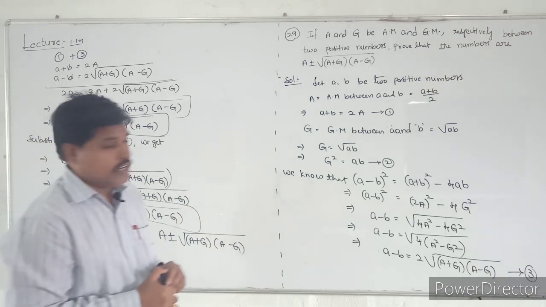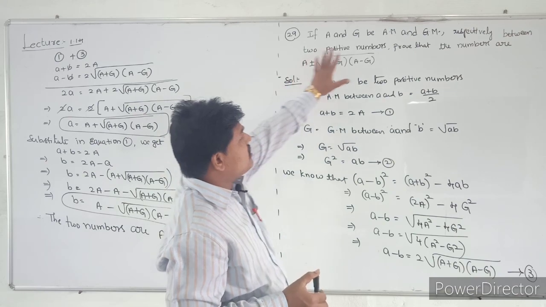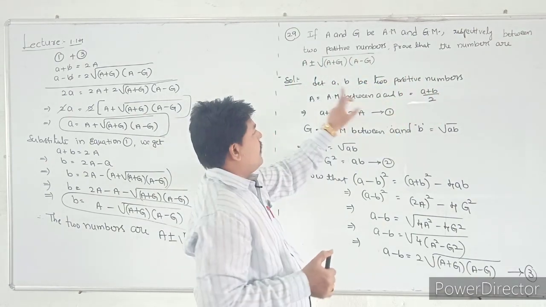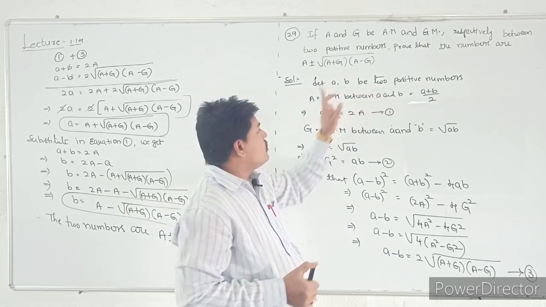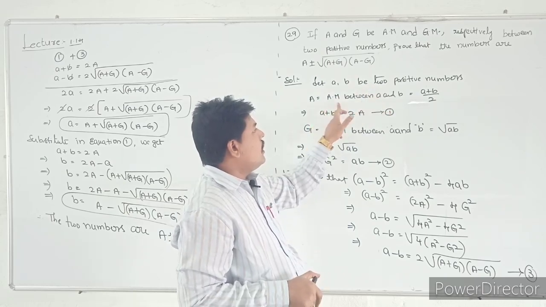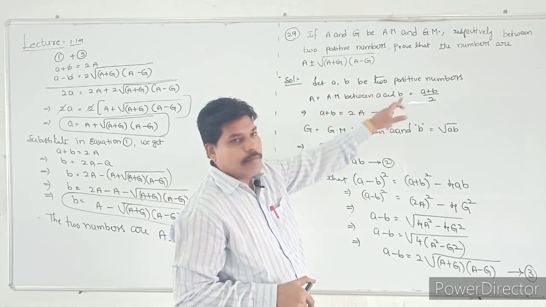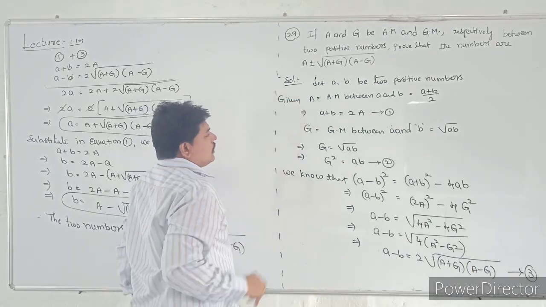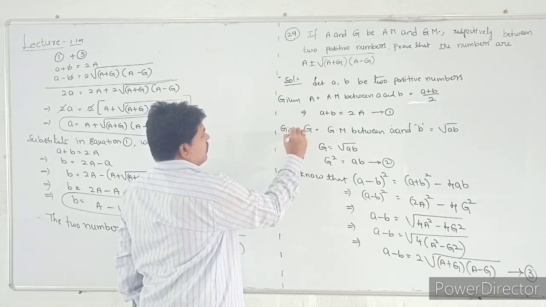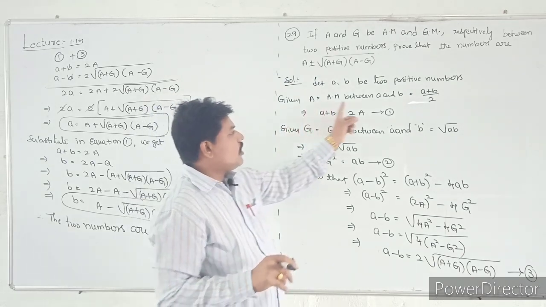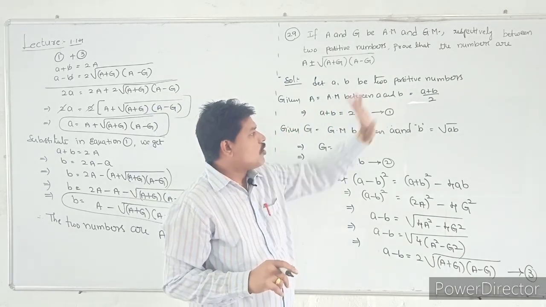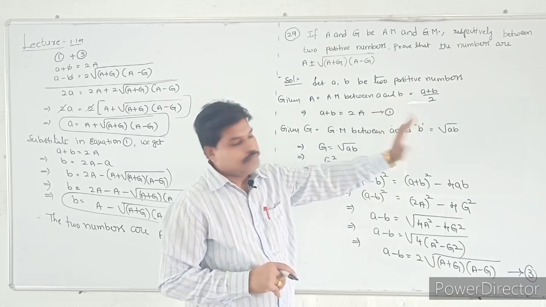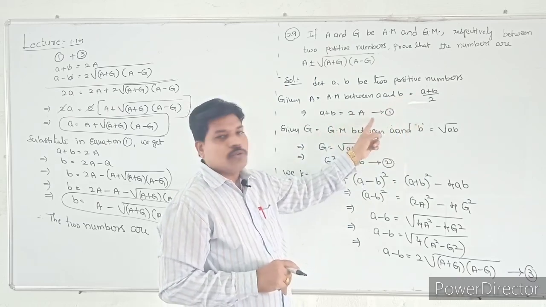So see the question number 29 once again, students. If A and G are the arithmetic mean and the geometric mean of two positive numbers, so that's why I am taking the two positive numbers a and b. Given A is the arithmetic mean between a and b, so a plus b by 2 is A. So a plus b is equal to 2A.